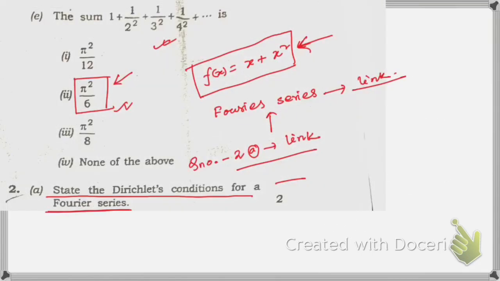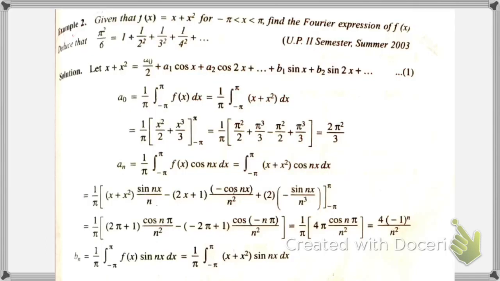As I have mentioned earlier, how to get the answer of this question, pi square by 6, I'm going to show at the end of the video. I will paste the photo of its solution. So let me show you. So here you can see this is the function f of x equals x square in this interval.